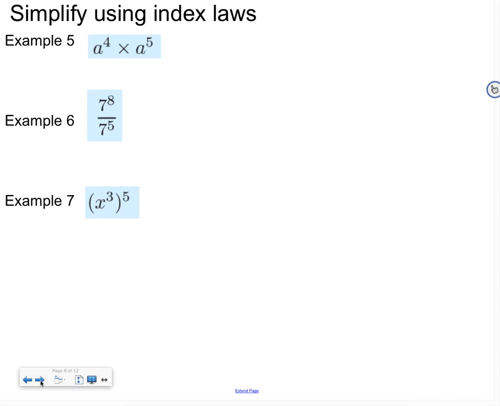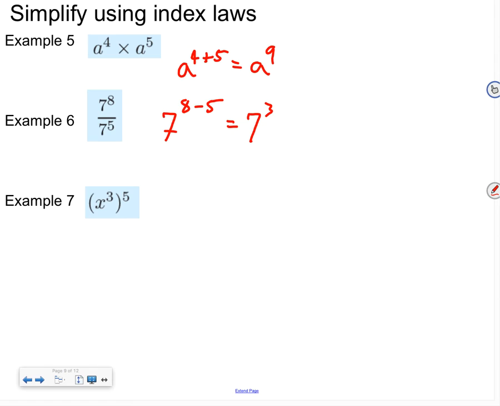Okay, so if I have a to the fourth times a to the fifth, I know that the rule states that this is going to be a to the 4 plus 5, which is equal to a to the ninth. And I don't have to write them all out. The rule here states that because I'm dividing, I can do 7 to the 8 minus 5, and I'm left with 7 to the third.